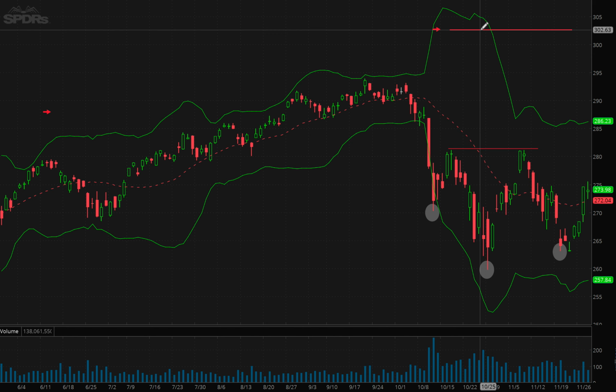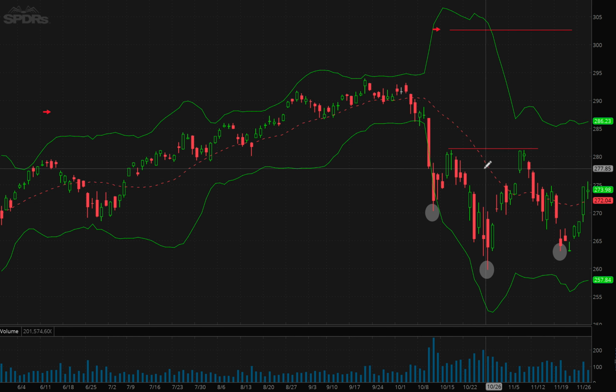I don't necessarily want to say that's that, and these are more probability setups. Head and shoulders and inverted head and shoulders tend to play out a bit, I think, because a lot of traders watch them. So in terms of the overall reversal, there are things indicating an increasing probability.